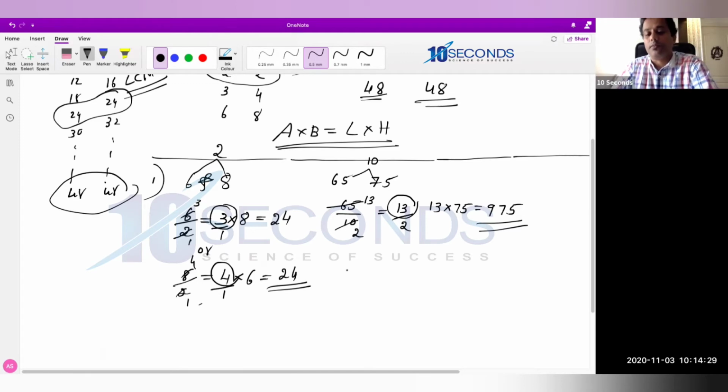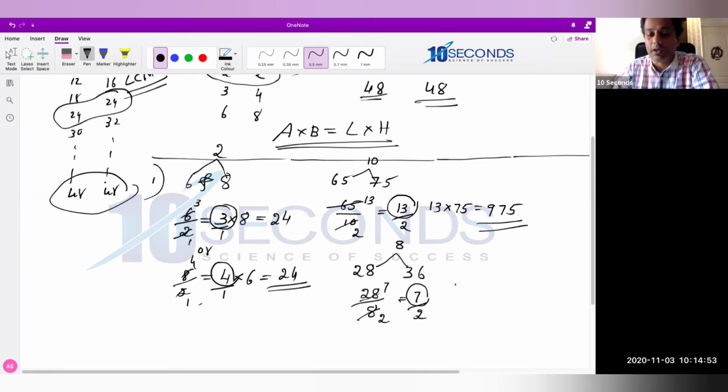Let me take a few more examples. If I take 28 and say 36, the difference between these two numbers is 8. Next step: 28 divided by 8, the smallest fraction, 4 goes 2 times, 4 goes 7 times, so 7 divided by 2.